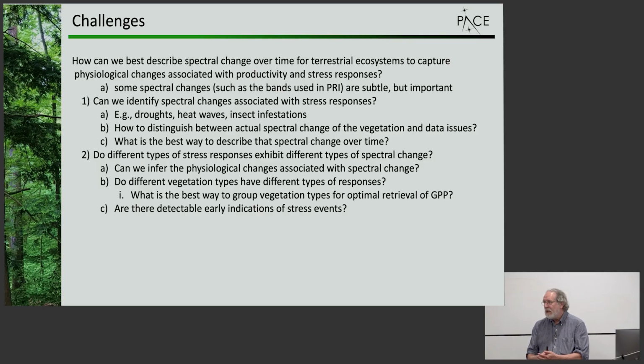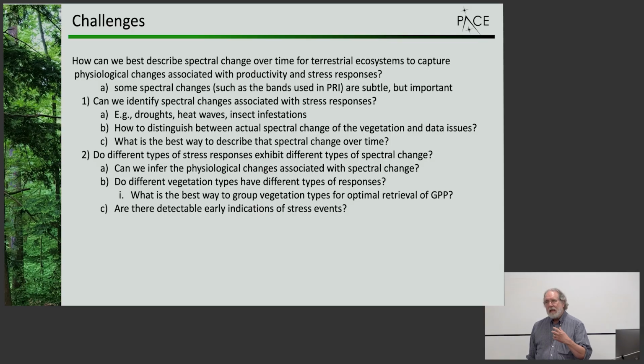And then again, if we do detect stress events, are there spectral changes affiliated with early onset of stress that we could use to detect stress before something gets really bad?